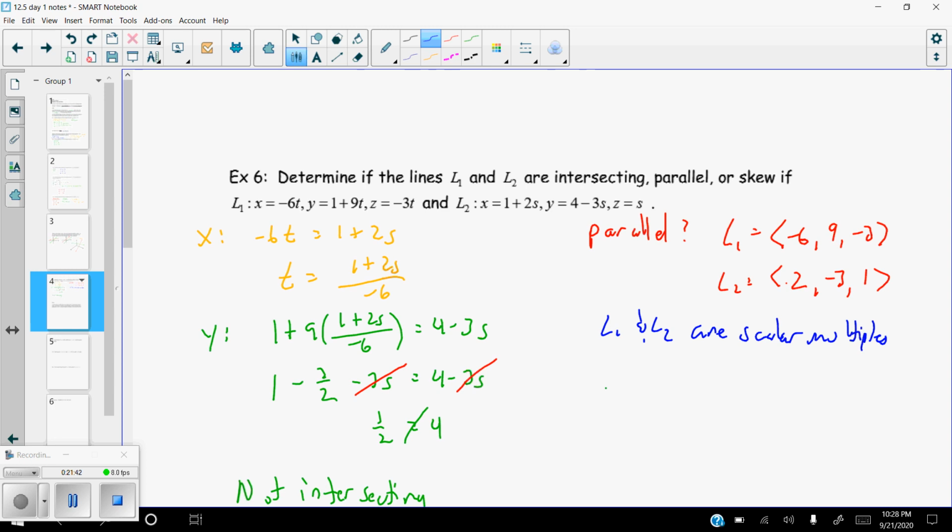And you would know because if you multiply L2 by -3, you get L1. So since both vectors are parallel, the lines are parallel.